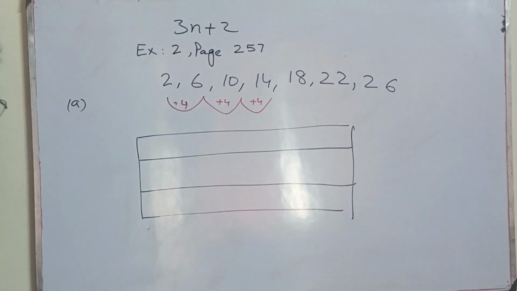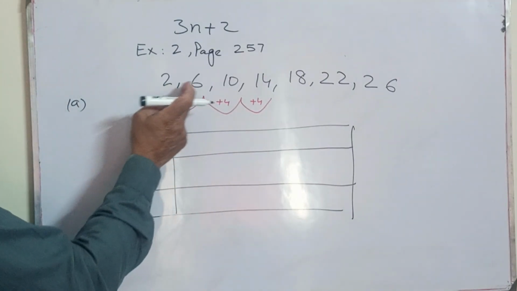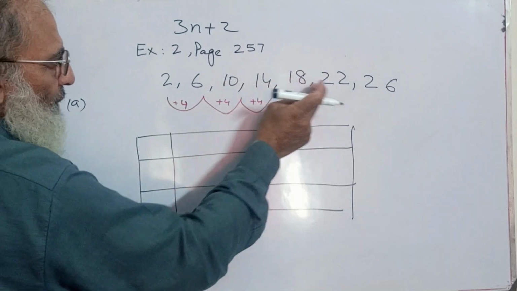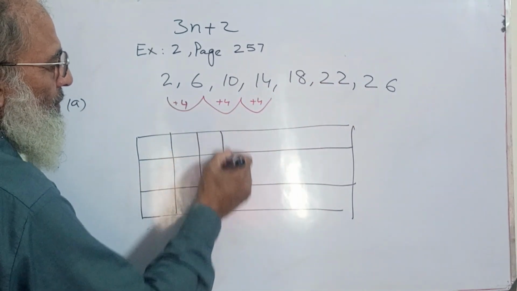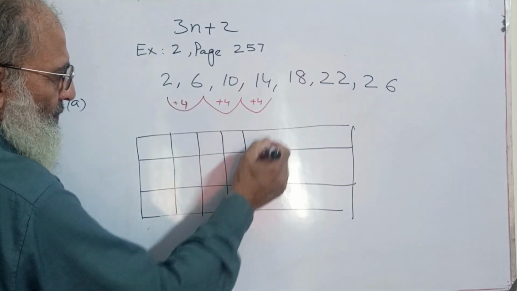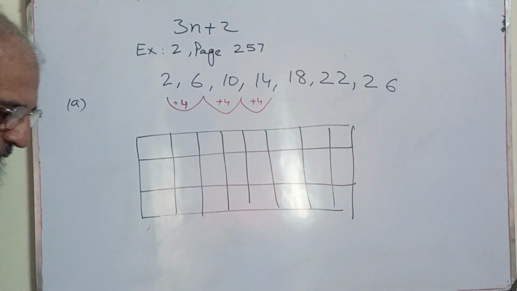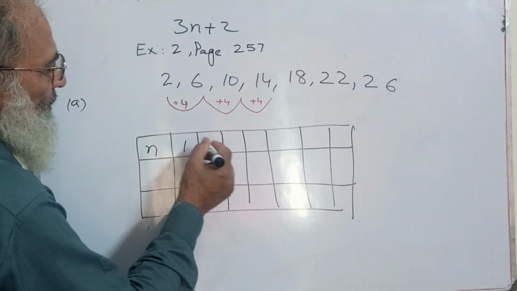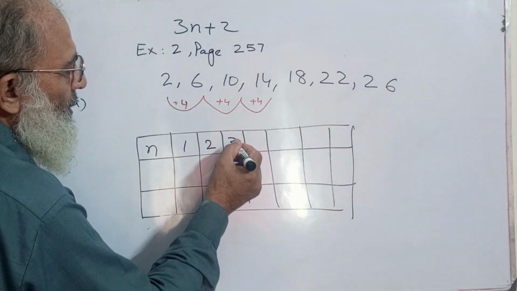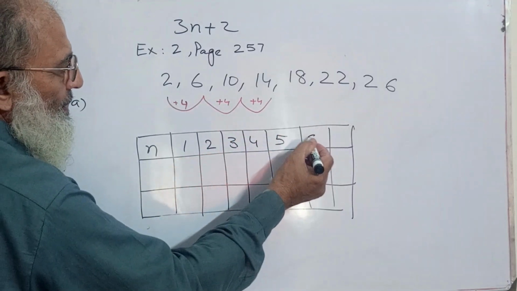These are rows and these are columns. Columns are 1, 2, 3, 4, 5, 6, and 7. Now we'll write n over here, as previously. This is the position: 1, 2, 3, 4, 5, 6, 7.